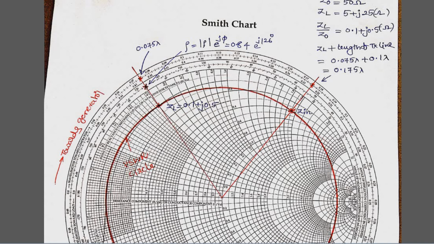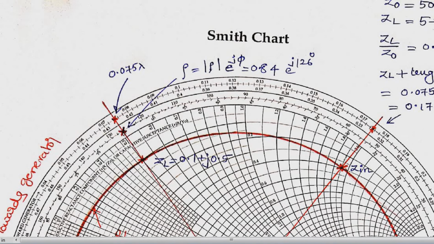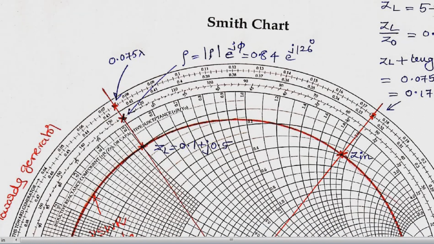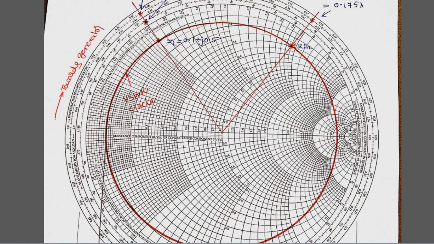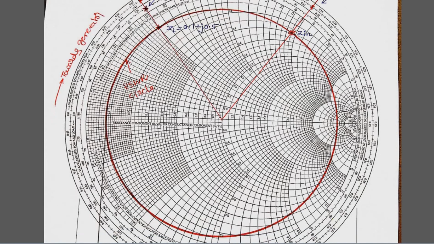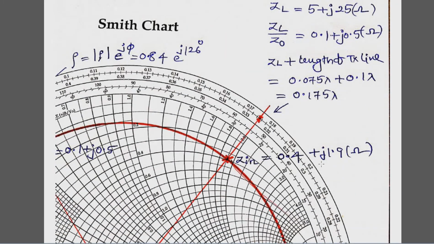By magnifying only we can understand. Just I will make it 150. See this arc, 1.8 to 2 means 1.9 in between value, so Z in was given as 0.4 real plus j 1.9.